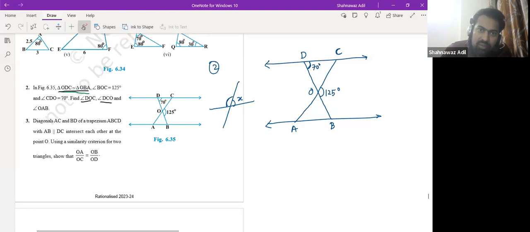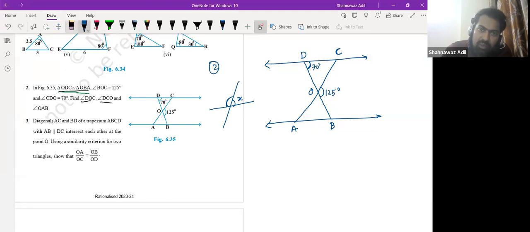What do you call this property? Let's say this is 20. It's vertically opposite. So then what is this angle? Let me draw. Let's say this is 20, so this is how much? It's 20. Okay, total is how much?